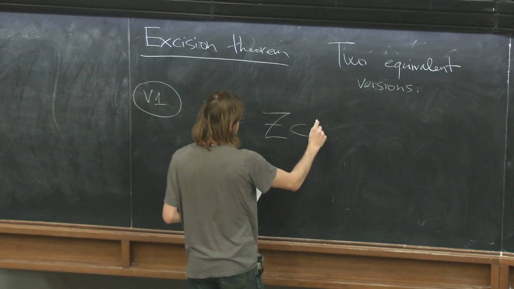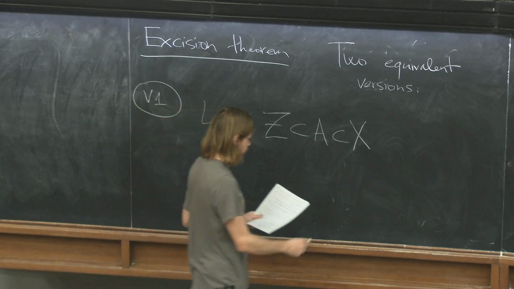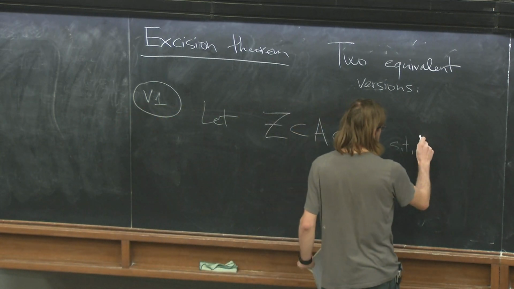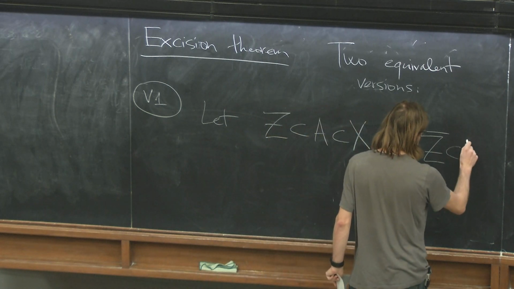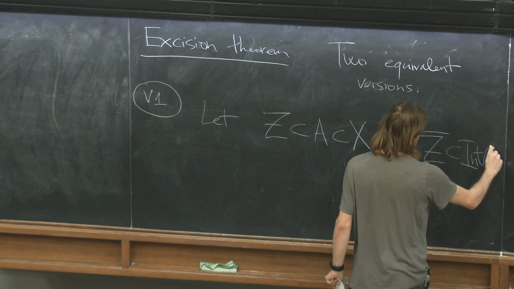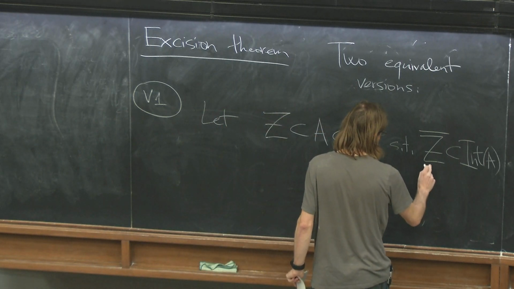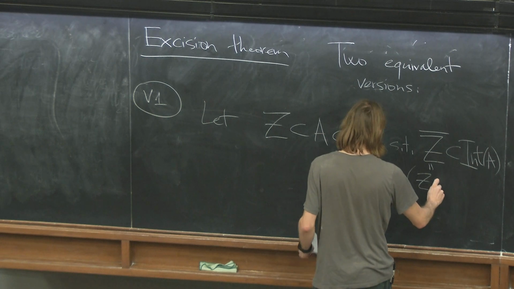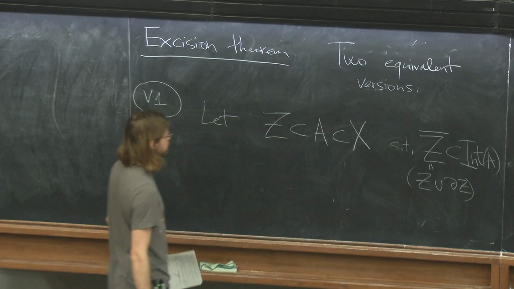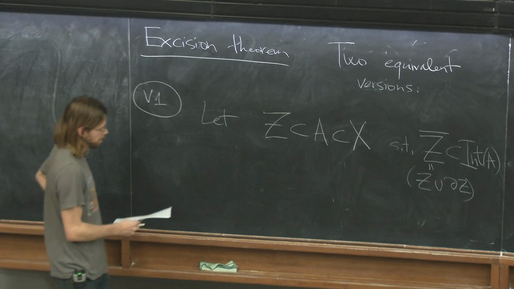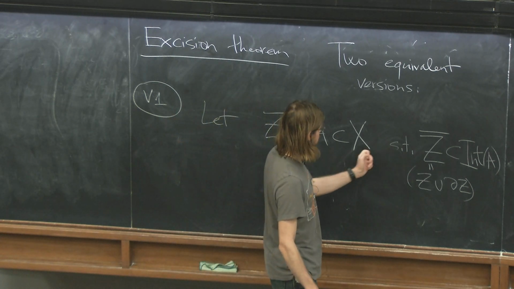Consider Z to be a subspace in A, which is a subspace in X, and such that the closure of Z is inside the interior of A. Closure, well, you can understand as the union of the original subspace with all boundary points. This is considered closure in X.